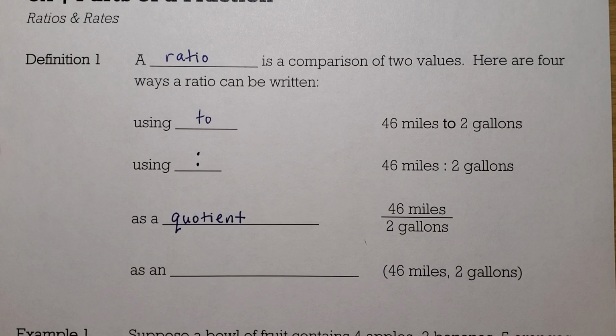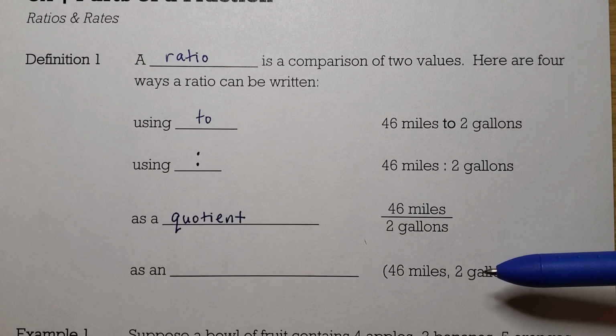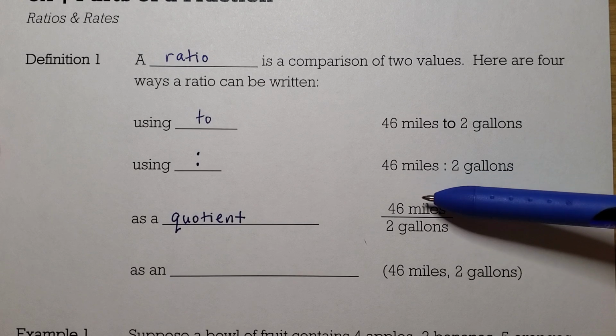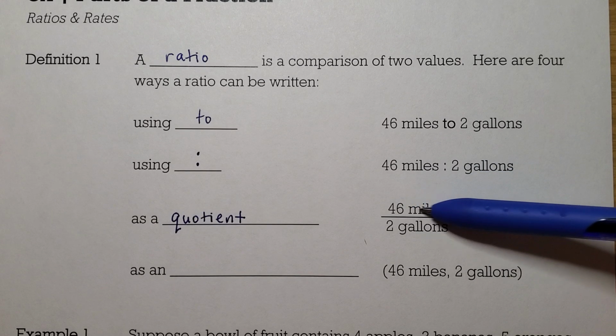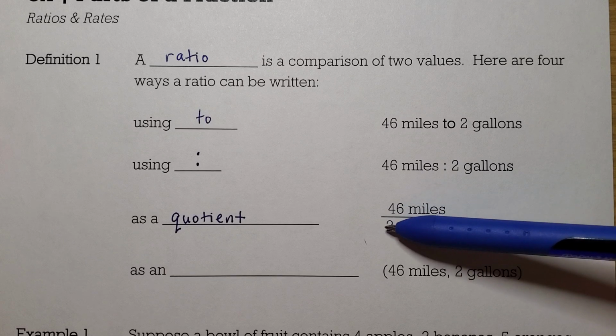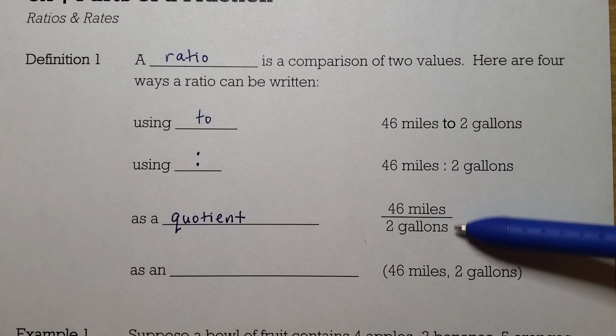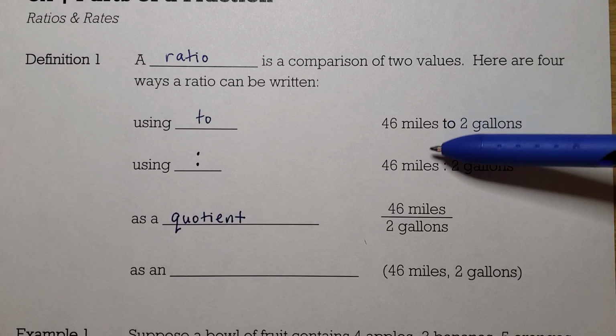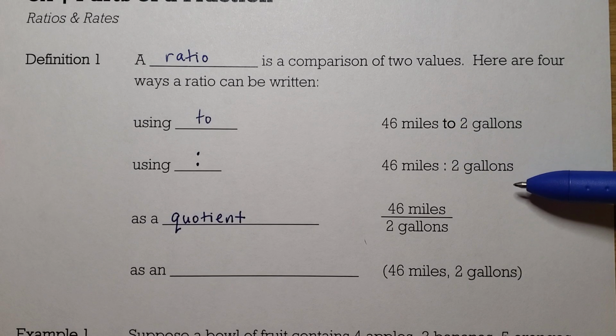Earlier, when we've discussed division, one of the ways that we can write division is using this division bar. And this works really nicely for ratios because you can see your numerator or top number and your bottom number pretty clearly written out, your first and your second. So just like here, I would say 46 miles first and 2 gallons second.